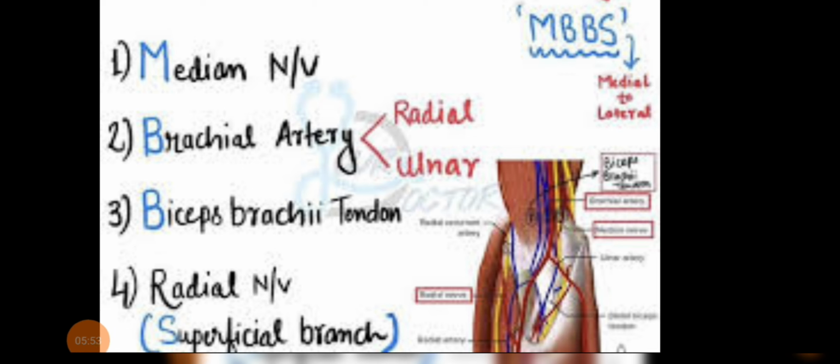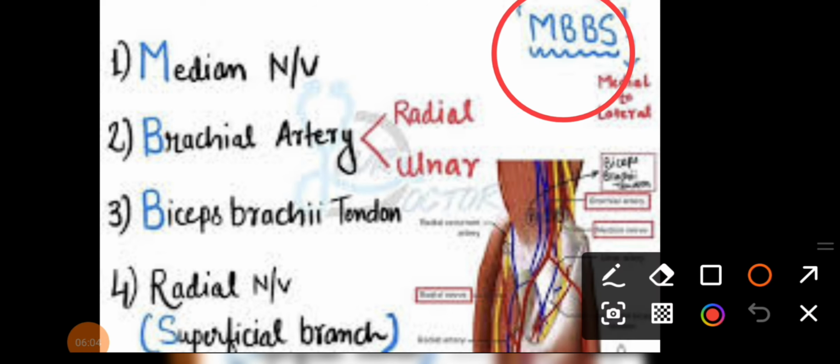So I will discuss two mnemonics. One will help to memorize the contents from medial to lateral, and the other will help to memorize the contents from lateral to medial. You can see over here, this is one mnemonic, which is MBBS. The M here means the median nerve, which is present most medial in the cubital fossa. The B will help to memorize the brachial artery, which divides at the level of the apex of the cubital fossa into radial and ulnar artery.